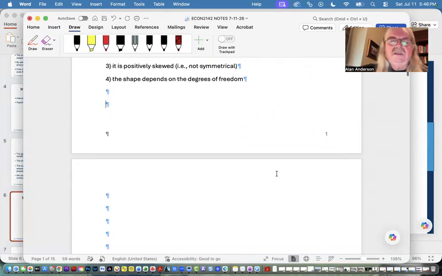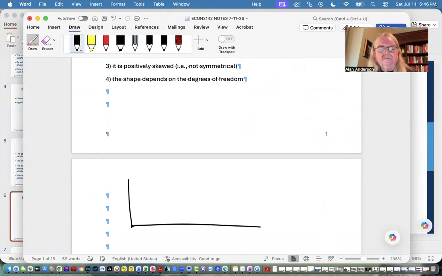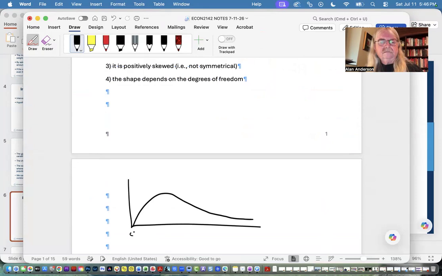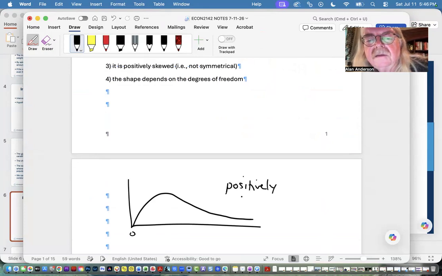Okay, so it looks like this. So you can see that it's positively skewed and starts at 0, cannot have any negatives.